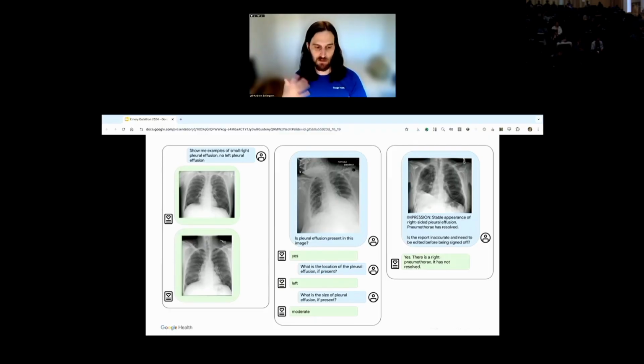You can imagine uptraining non-specialists or non-radiologists to be able to read medical images. Report quality assurance, so you pose a particular report and ask, is this correct? If not, give me the corrections to it. Or on the left here, searching for similar images.